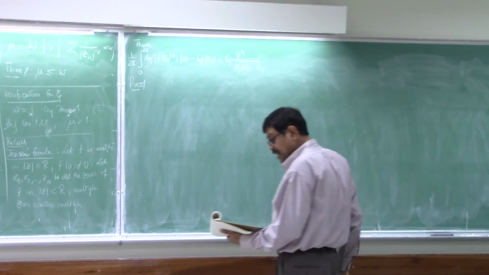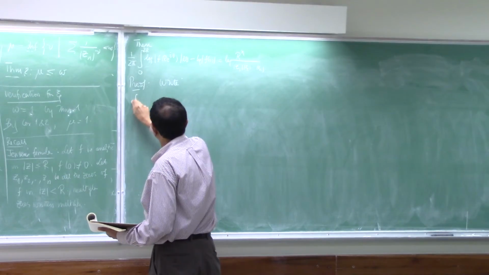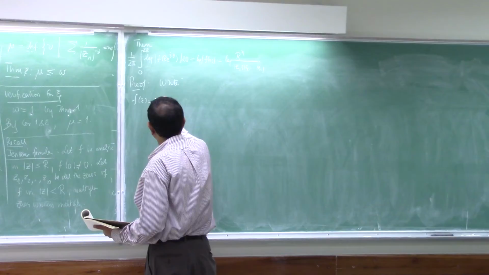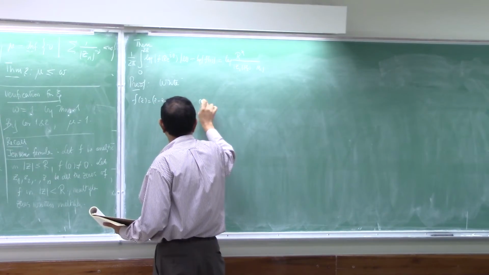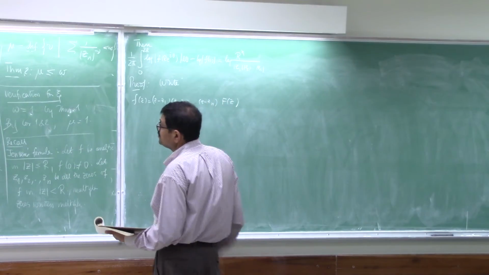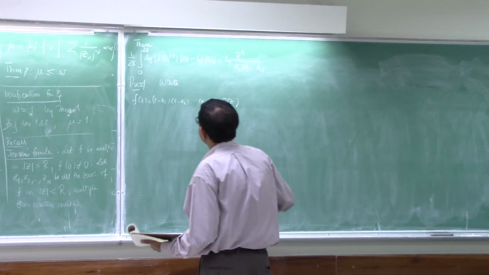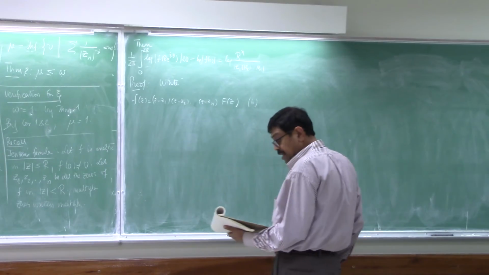Okay, so proof. Let us write f of z as (z minus z1)(z minus z2)...(z minus zn) times capital F of z. So write it that way.